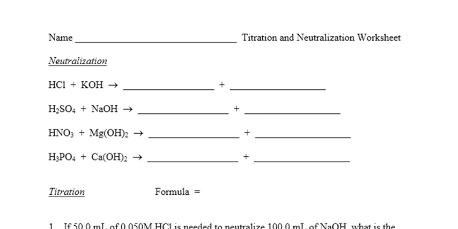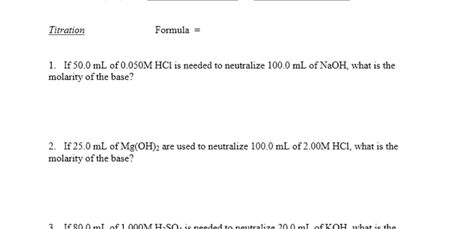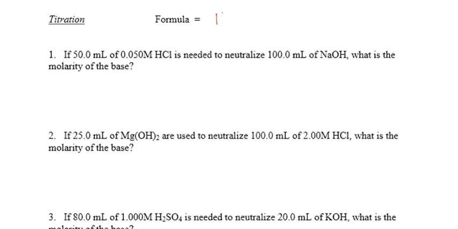So if you open to this page, the first part we're going to do in class. So we are basically looking at the titration problems. We have a formula, HA MAVA equals OHB MB VB.